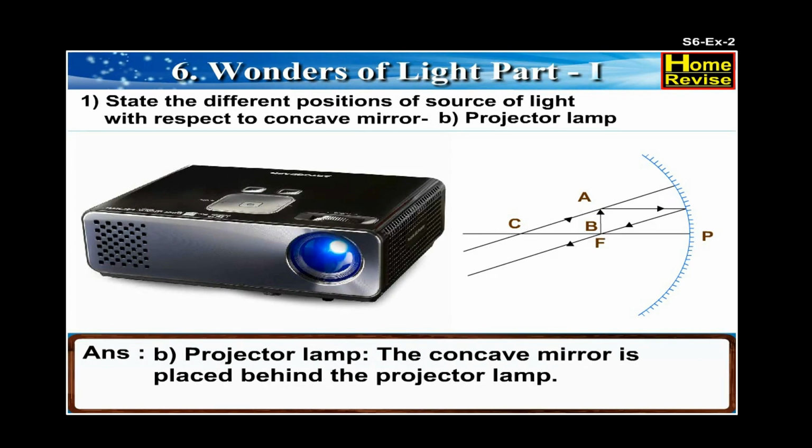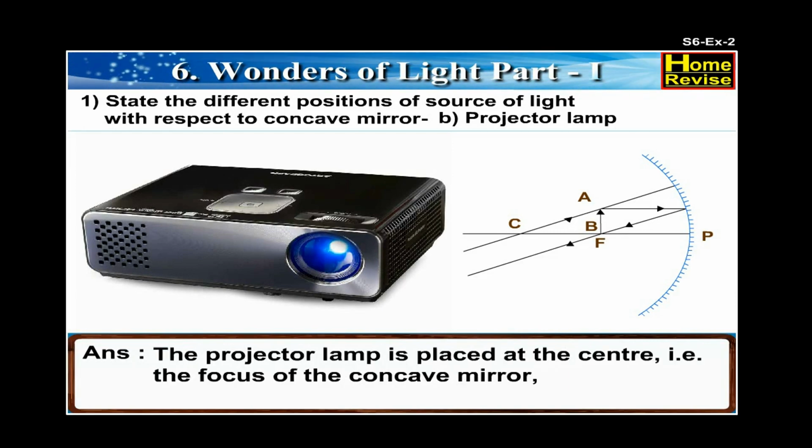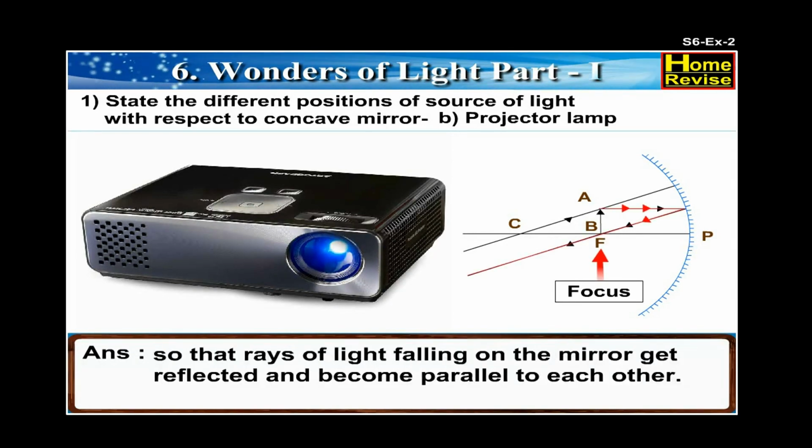Projector lamp. The concave mirror is placed behind the projector lamp. The projector lamp is placed at the center, that is, the focus of the concave mirror, so that rays of light falling on the mirror get reflected and become parallel to each other.